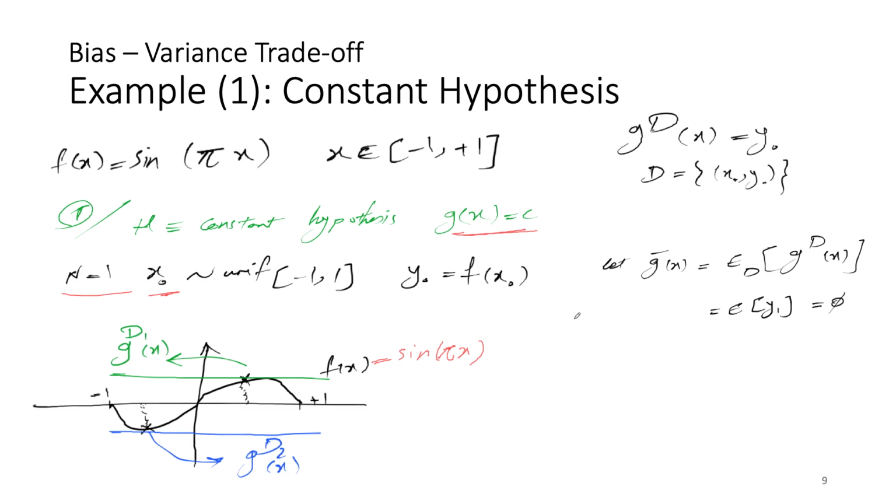Let us define g bar of x as the expected value over the data set D of g of d of x. In this case, you see that at those 2 points, one for each, the expected value of the test is 0, right? Because they actually hit it.